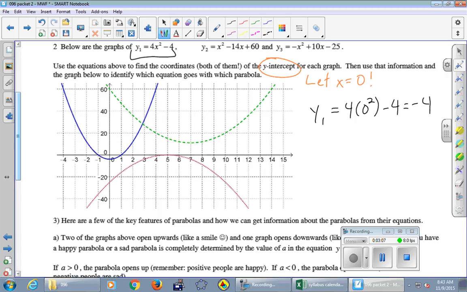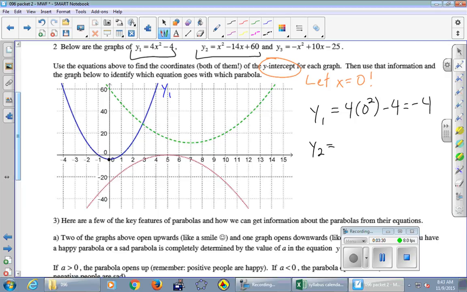You have a guess? What color? This one is blue, right? I'm looking at it, it's the only one that could be negative 4 when it crosses the y-axis. So I'll label this one right here as y1. Next one, y2 equals, now it's this equation.